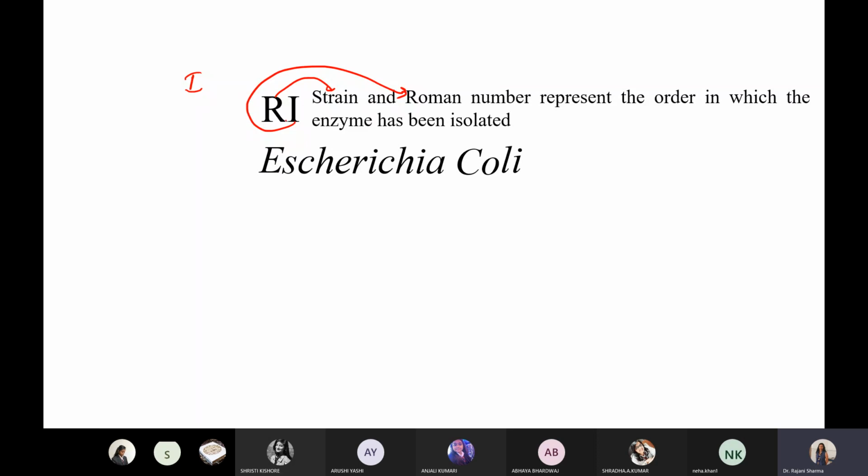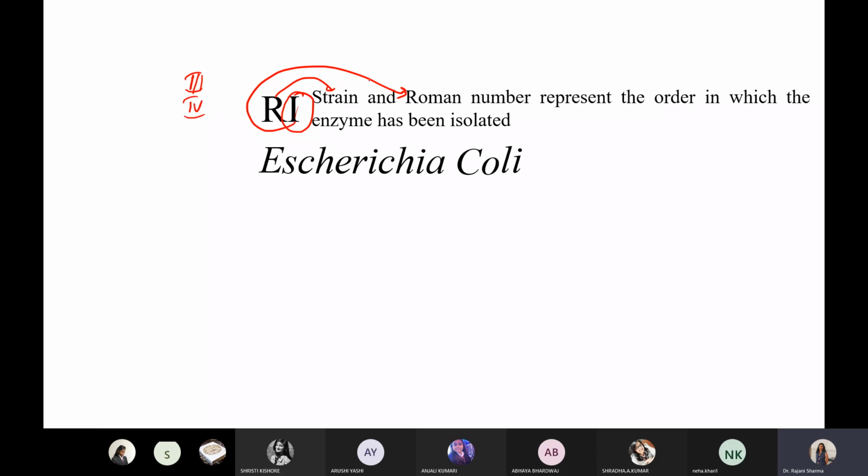It may be possible that the first time we isolated an enzyme from E. coli, it was EcoR1. When we did the same process again, another enzyme was isolated from E. coli. So to simplify the nomenclature, instead of 1, we just replace this Roman number with 2, 3, 4, like that.